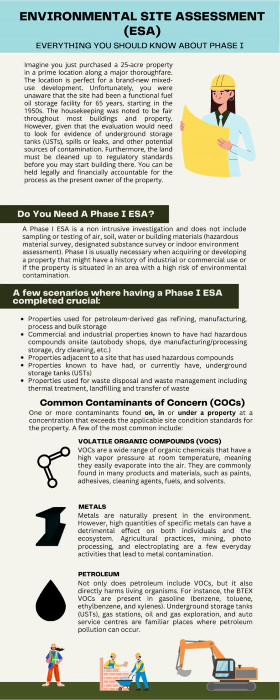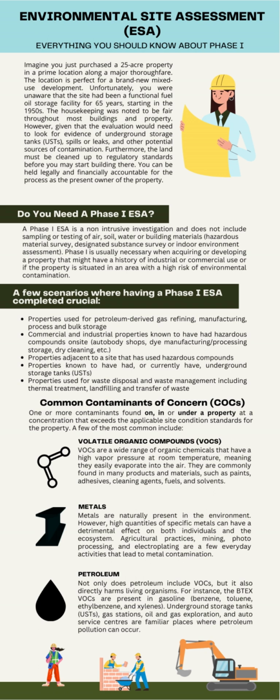The next one is metals. Metals are naturally present in the environment. However, high quantities of specific metals can have a detrimental effect on both individuals and ecosystems. Agricultural practices, mining, photo processing, and electroplating are a few everyday activities that lead to metal contamination. Next one is petroleum.